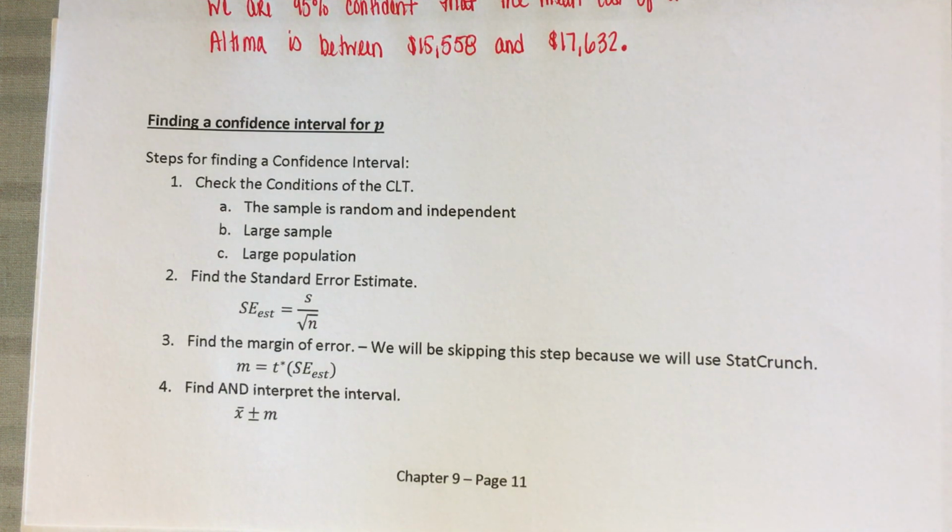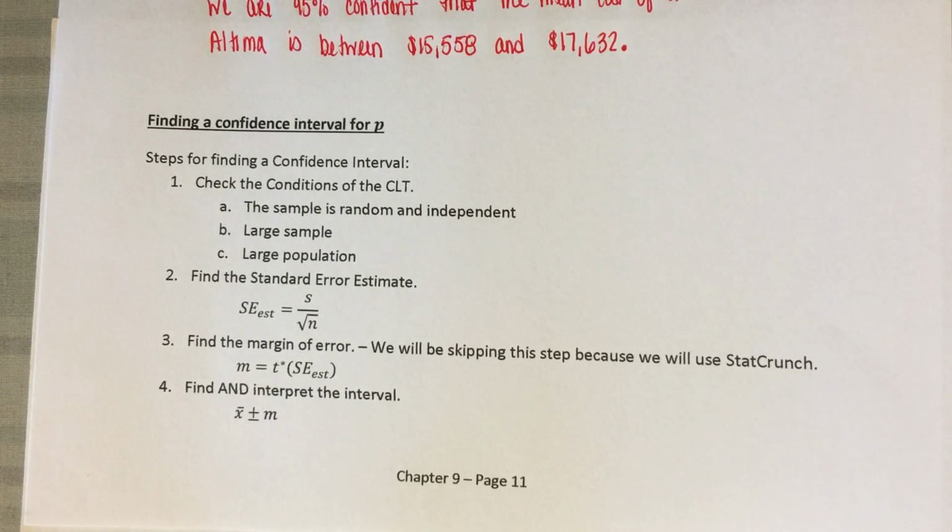It's an estimate because we're using this estimation to guess for our confidence interval. Then find the margin of error. Back in section 7.4, we took a z-star value times our standard error. In this chapter, because we're dealing with sample means, we're going to use something called a t-star value, which we'll talk about on the next page.